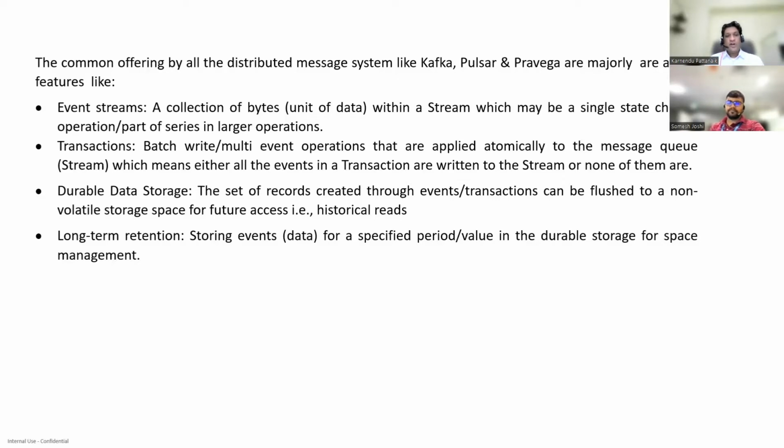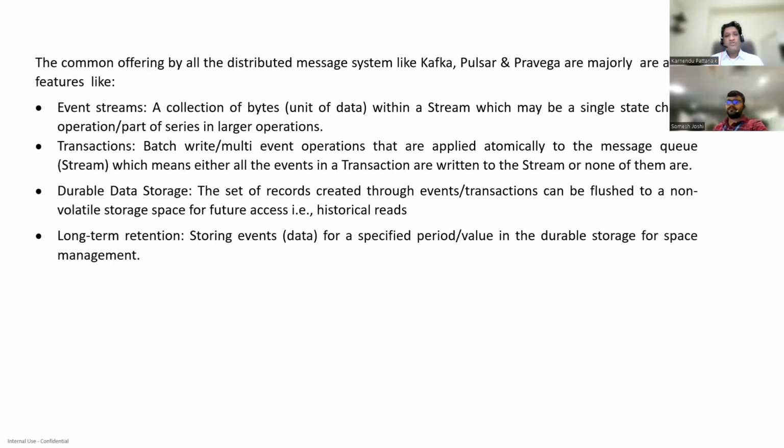Similarly, durable data storage. In a streaming platform, multiple tiers of data storage exist. In durable data storage, the current data is stored in tier 1 storage equipment, and the tier 2 data can be stored in the secondary storage equipment.